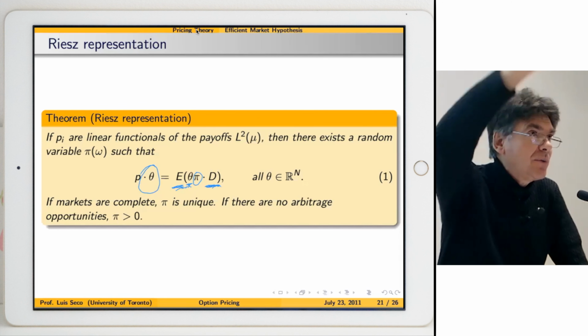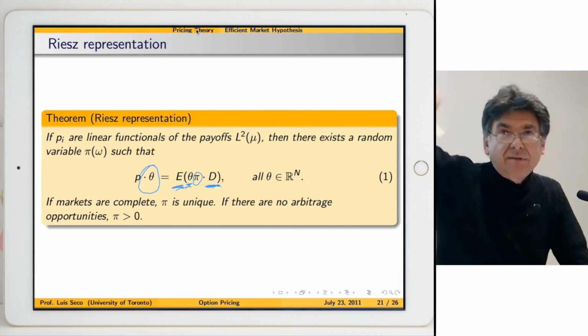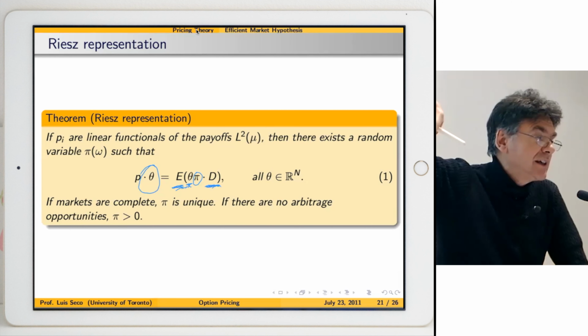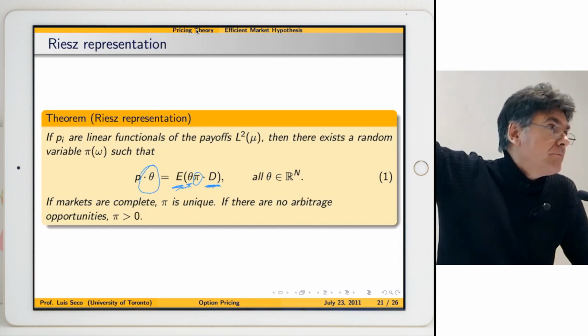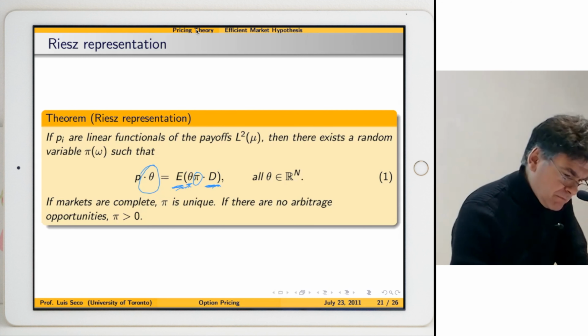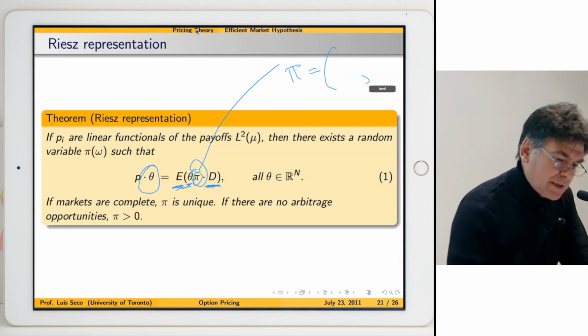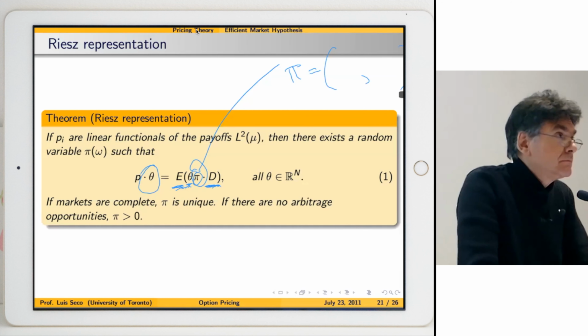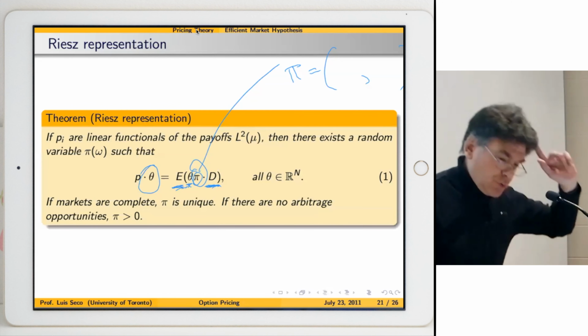Okay, so let me go back to the example we started with today. I said 50-50, right? And then we saw it's not 50-50, it's a third, 2/3. What's this pi? Someone tell me. It's a vector, 2 values. What is it? 2/3. The first one is 2/3.